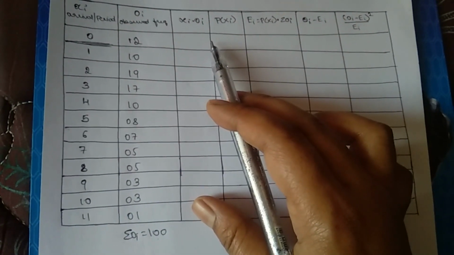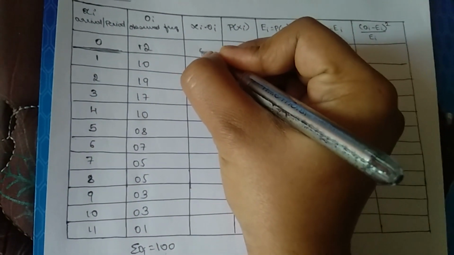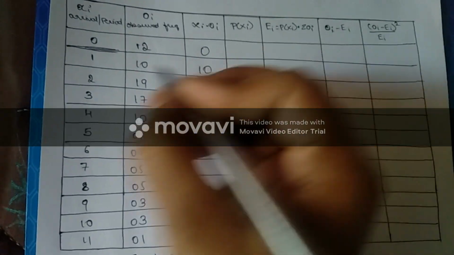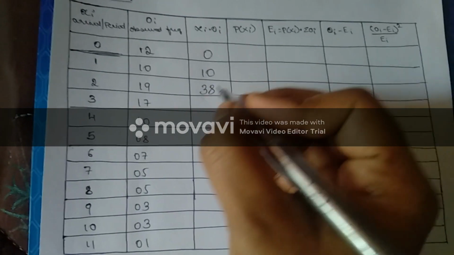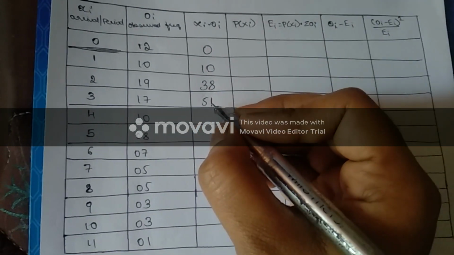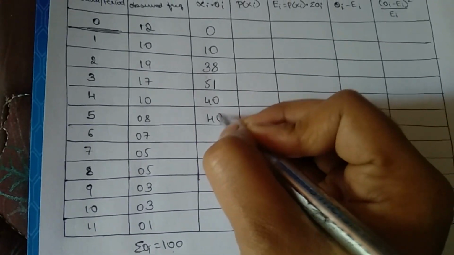Now I'll find out xi into oi. What is xi into oi? 0 into 12 is 0. 10 into 1 is 10. Then 9 into 2 is 38. Then 17 into 3 is 51. Then 10 into 4 is 40. 8 into 5 is 40.